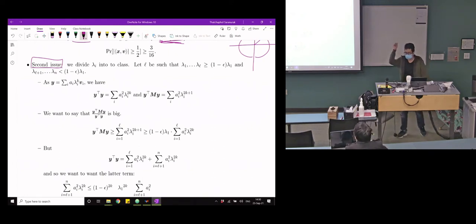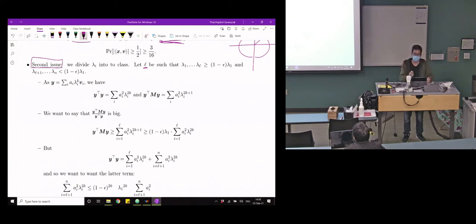At the end, we don't need the vector that we get to be close to the first eigenvector. As long as it is close to some eigenvector whose eigenvalue is big, that is good enough for us. So what we do is define L such that we divide the eigenvalues into two groups.